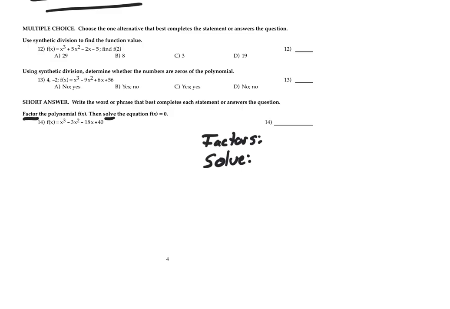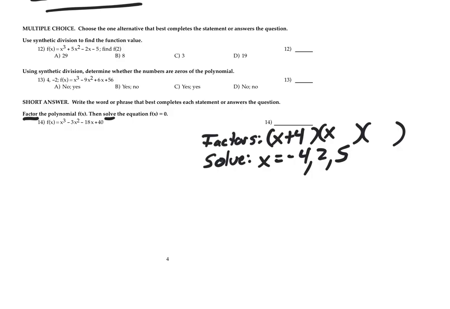My factors are the factors that would give us that. And they're always going to be with an x. So x plus 4, x minus 2, and x minus 5.